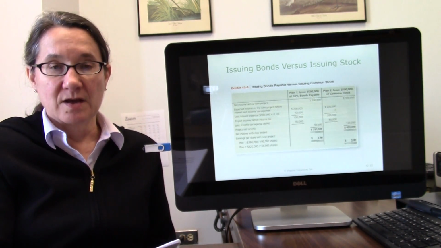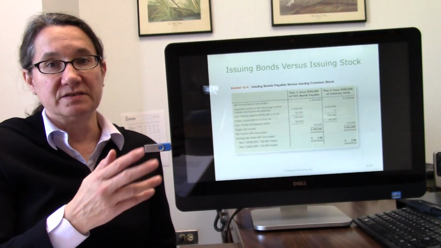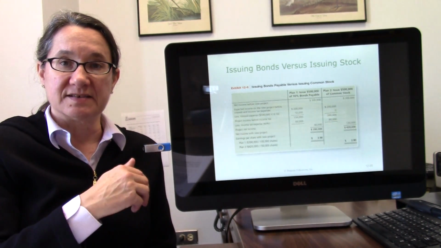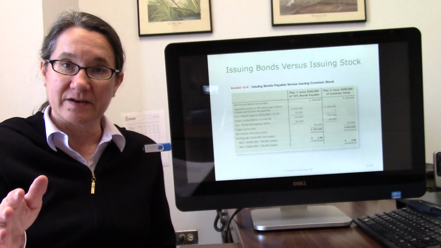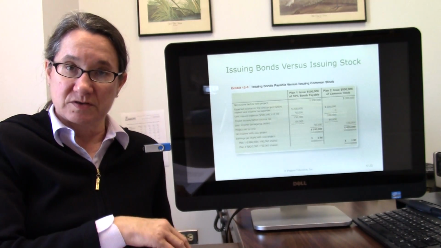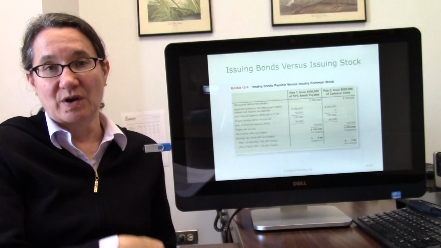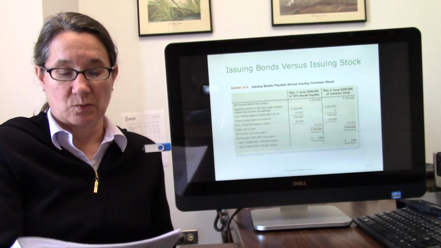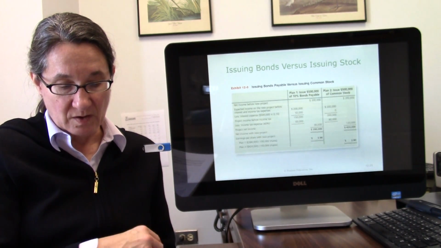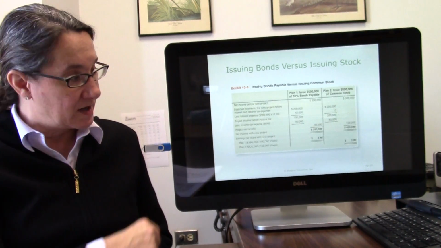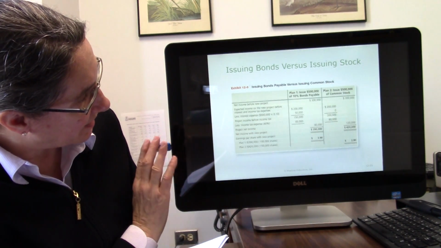Plus, a lot of places don't want to dilute the ownership. If they just borrow money from lenders, then the owners are still the ones who own the company. By issuing more stock, you're getting more owners into a company, and a lot of places don't want to do that.